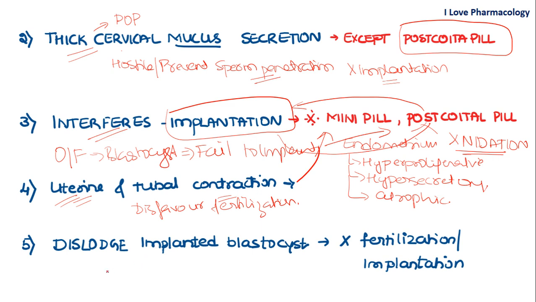Coming to the last mechanism, the postcoital pills, that is the emergency pills, may dislodge the implanted blastocyst. So the emergency pill can dislodge the already implanted blastocyst, or it may interfere with fertilization as well as implantation.